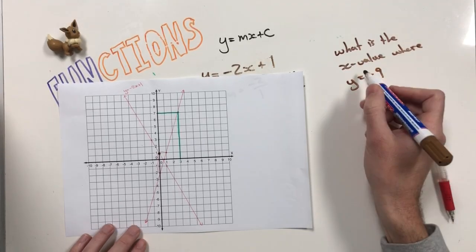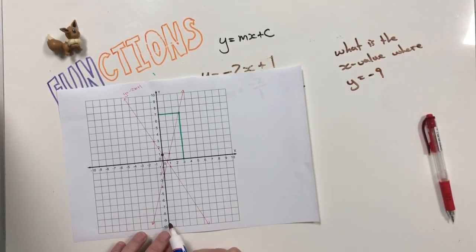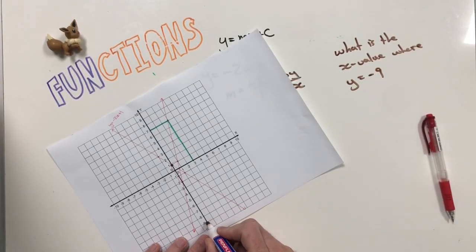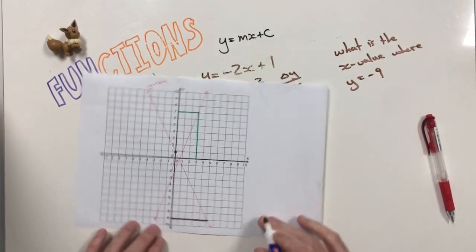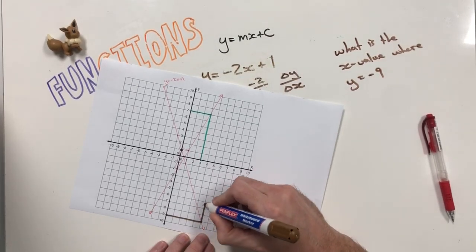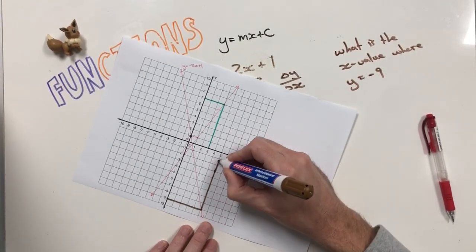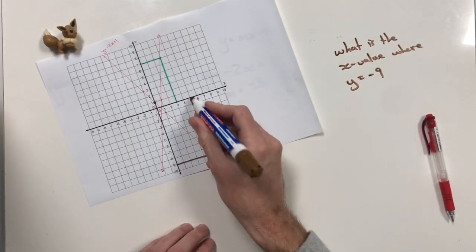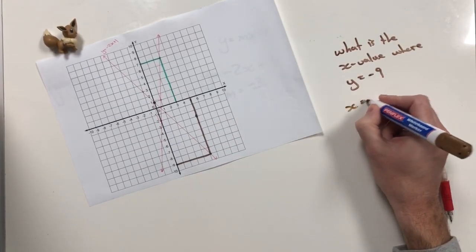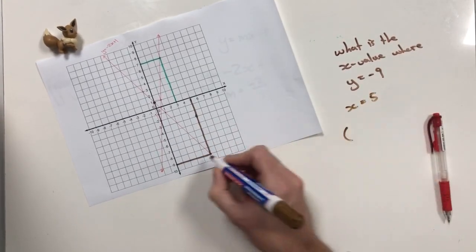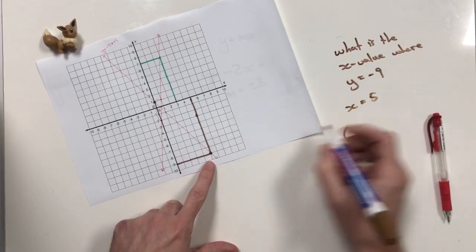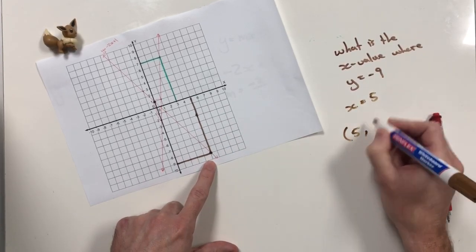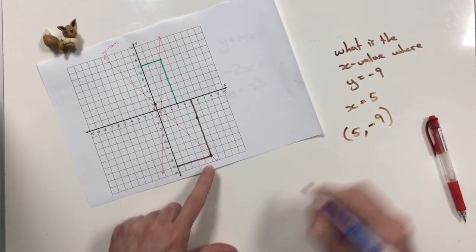So what I have to do now is look at my graph. I find -9, and I draw a line towards my graph, and I find that point, and I go up, up, and then I see, okay, x would be 5. So the coordinate there would be x is 5 and y is negative 9.